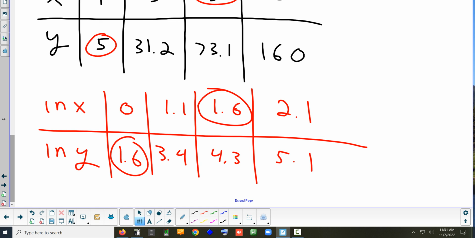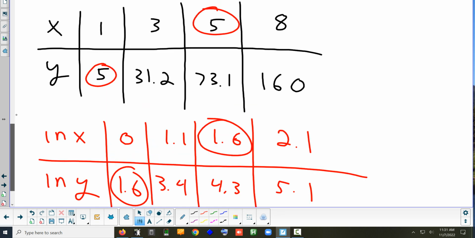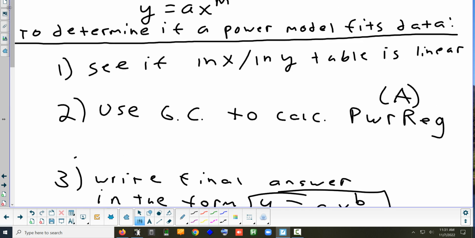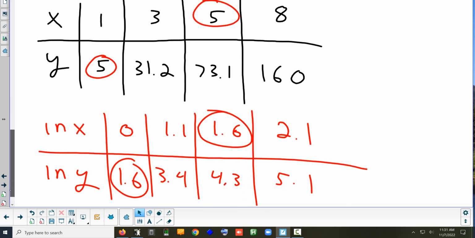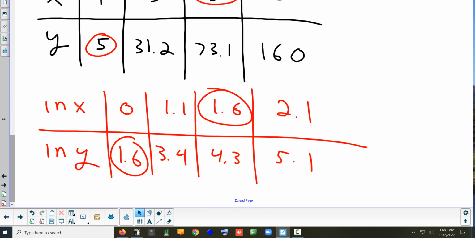Now, the only thing we're going to use this table for, now we can throw this table away, is just to see if it looks like those numbers line up in a straight line. The more of a straight line they look like, the better the power model is going to be. Alright, let's try it.